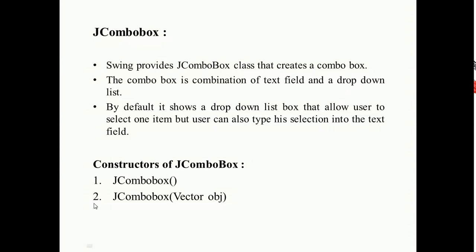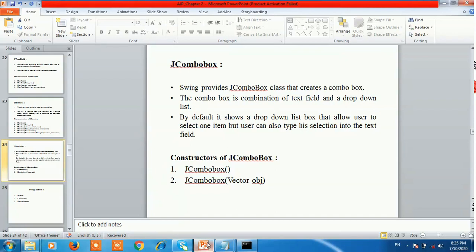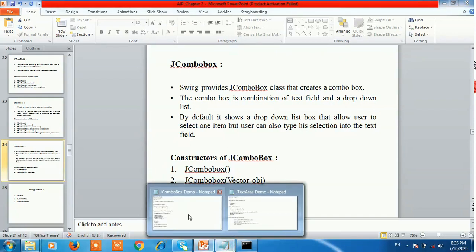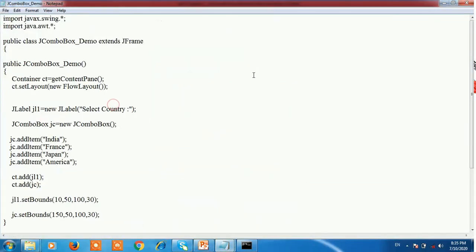Now see one example of the JComboBox. See here, this is an example of the JComboBox. First, import two packages: import javax.swing.* and import java.awt.*. After that, create a class JComboBoxDemo extends JFrame.